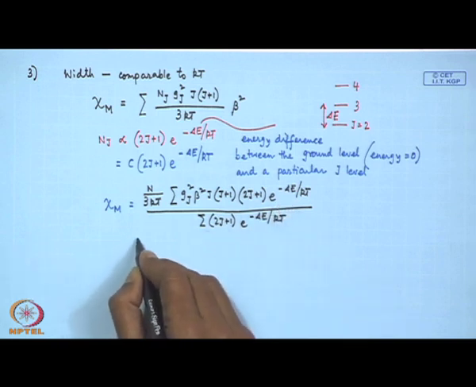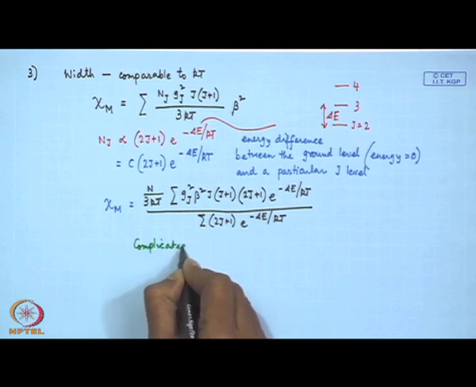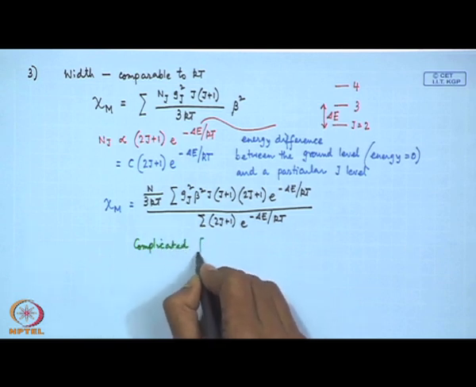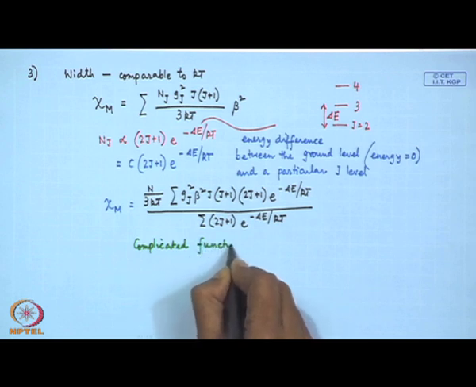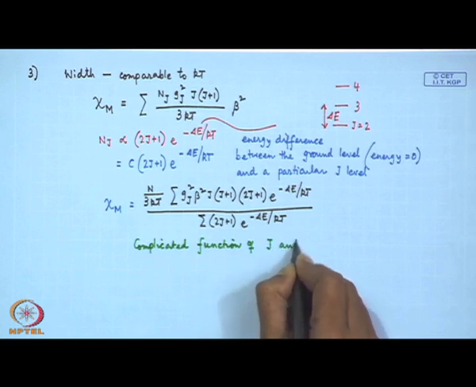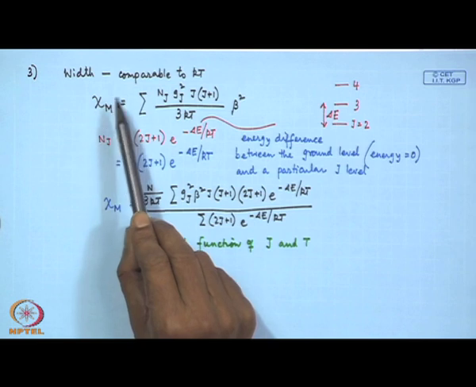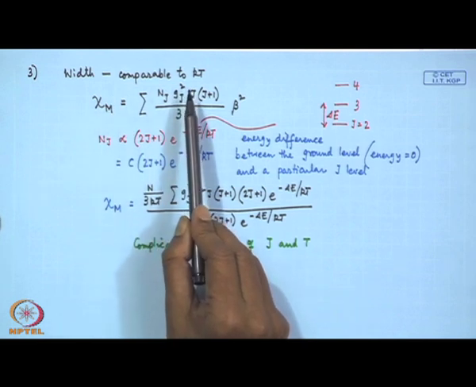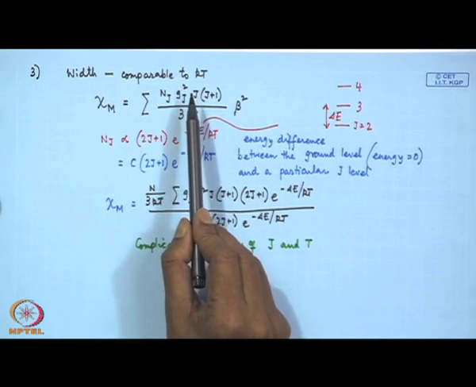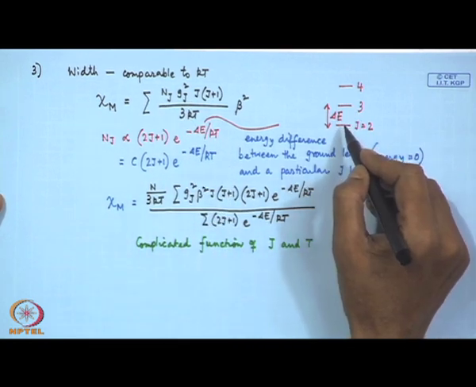So, therefore, it is a complicated function of J and T. That means the most difficult and most complex situation will arise when our multiplet width is only comparable to kT. That means we cannot ignore the corresponding terms related to the relative distribution of all these levels.